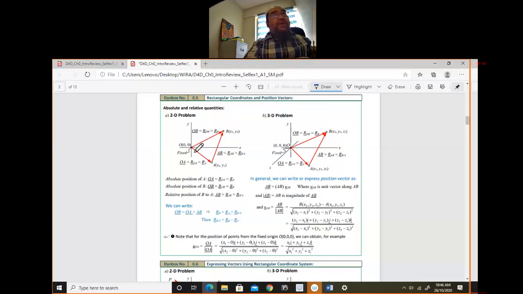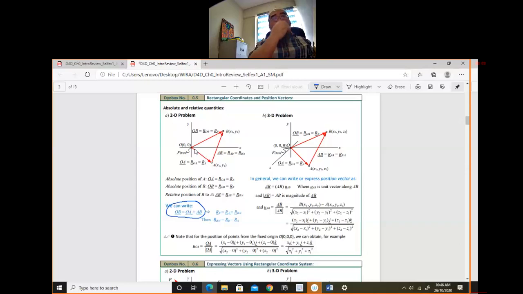So we have here, I'll try to write, it's already given here, OB. This is what we learned before during your SPM level, where OA plus AB equals OB.